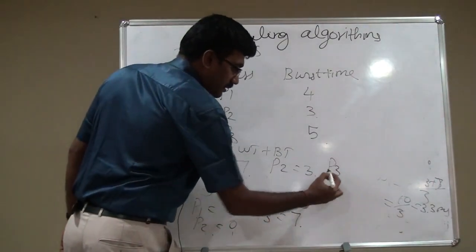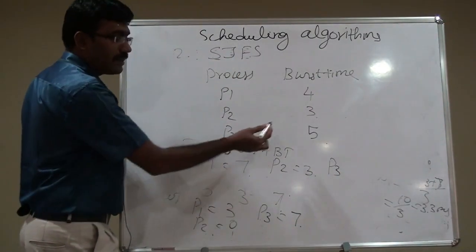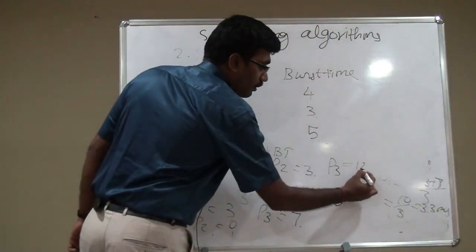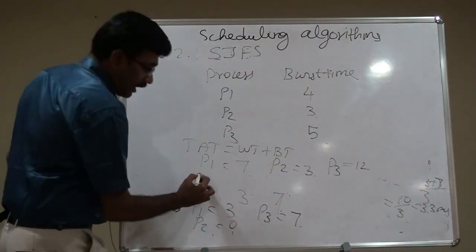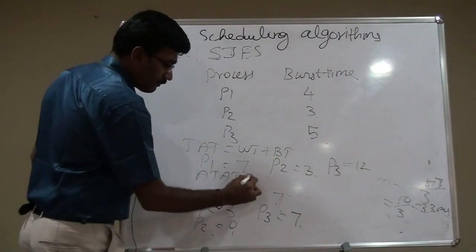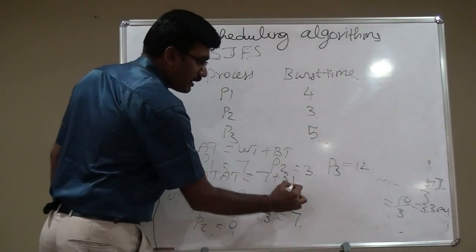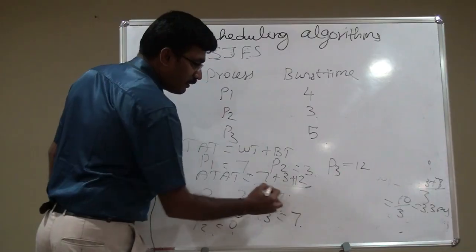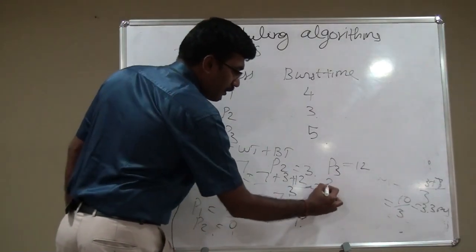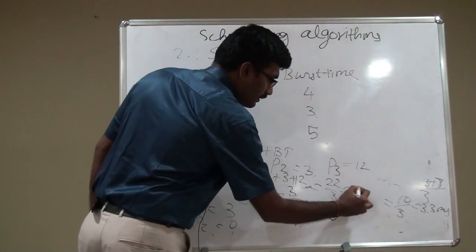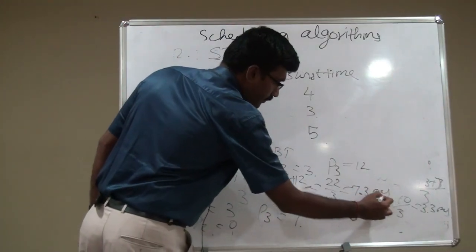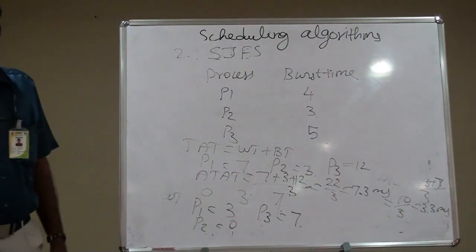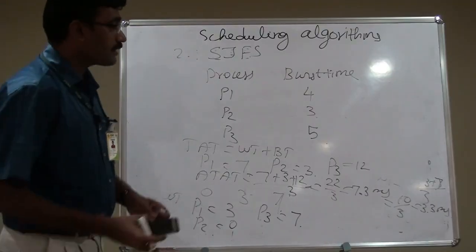P3 waiting time is 7, burst time is 5, total 12. Average turnaround time is 7 plus 3 plus 12 by 3, 22 by 3, 7.3 milliseconds. So this is shortest job first.